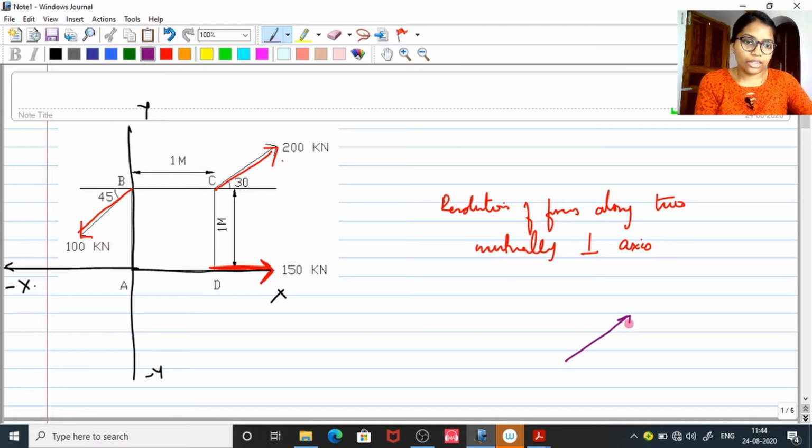That is, if you have an inclined force of magnitude A, and you need to resolve it along two mutually perpendicular axes, let it be the x-axis and y-axis. Also please note that this vector A is theta degrees inclined to the x-axis, then your x-axis component will be A cos theta.